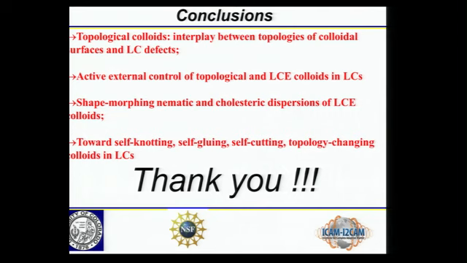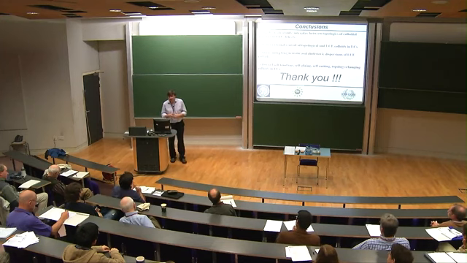And I hope I was able to demonstrate to you that in future those could be used as a toolkit to explore such interplay, not only from the standpoint of liquid crystal science alone, but also trying to understand bigger picture problems in other fields of science as well. Thank you.